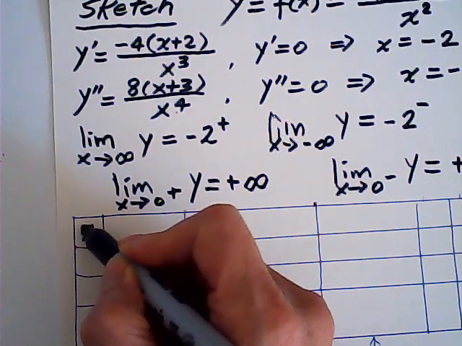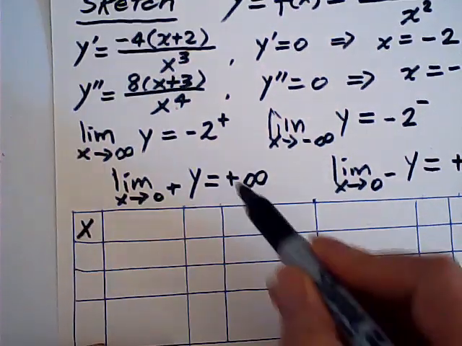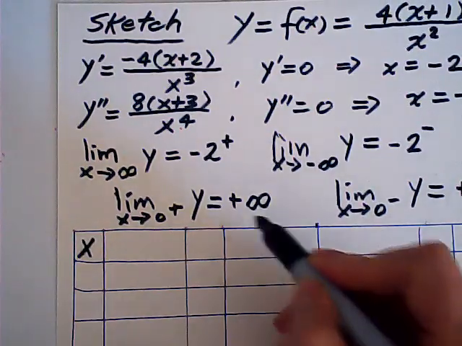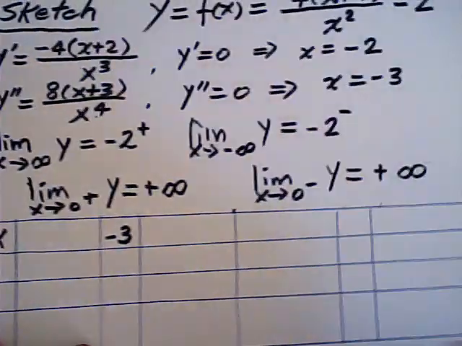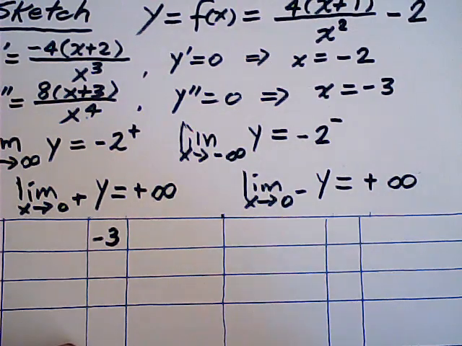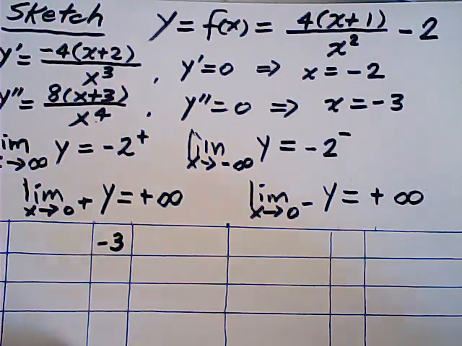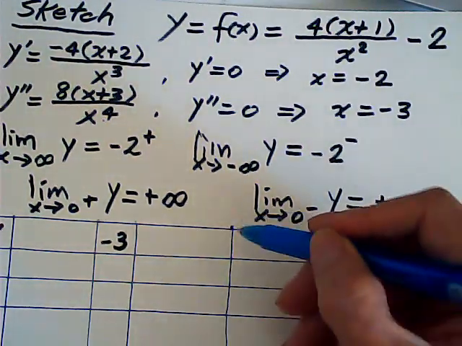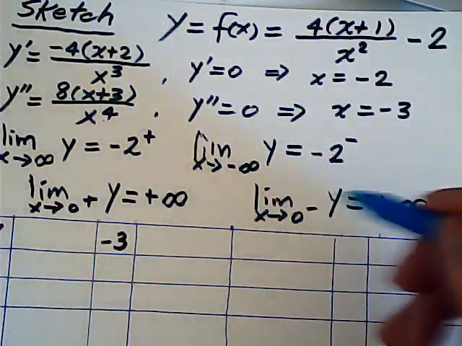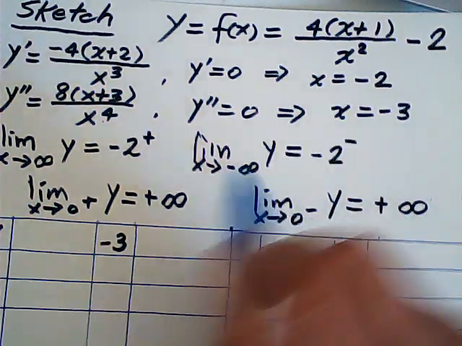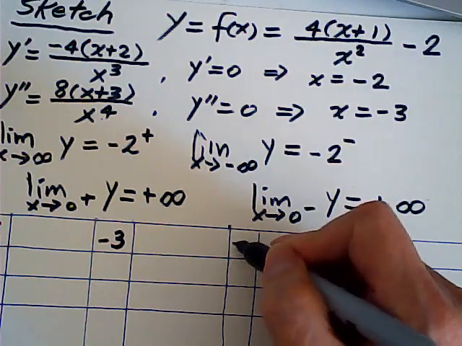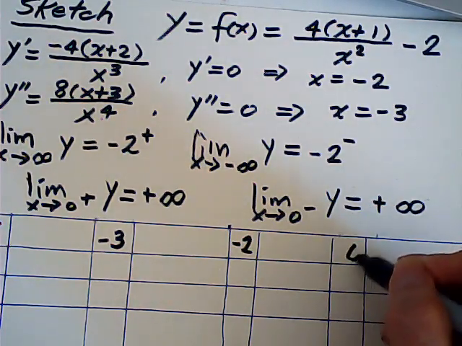This is x. We have 3 points to discuss. One is -3 and -2, right? Yeah, -2 and 0.